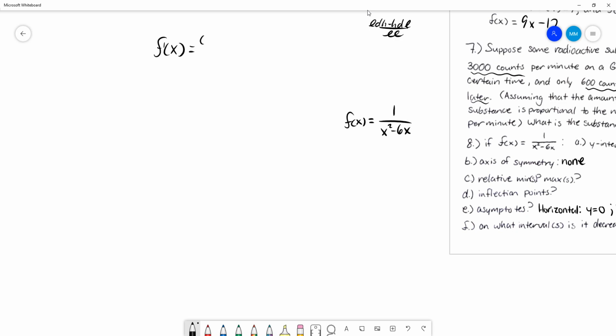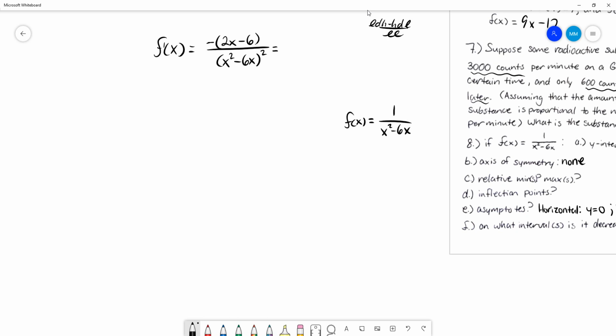So we're going to take x squared minus 6x times the derivative of the top term, which is, well, the derivative of 1 is 0, so it actually gets rid of that term, so I'm just going to erase that there, minus the high term, which is 1, times the derivative of the low term, all over the bottom squared.